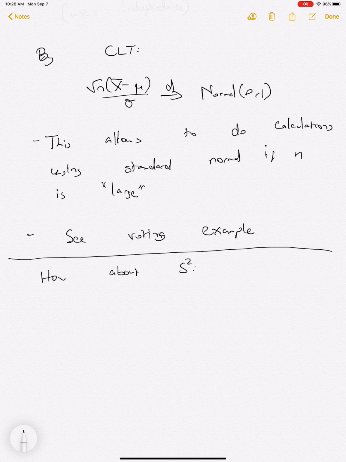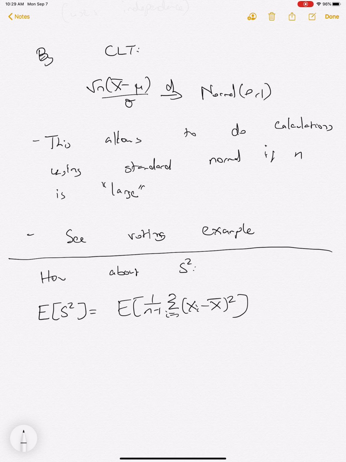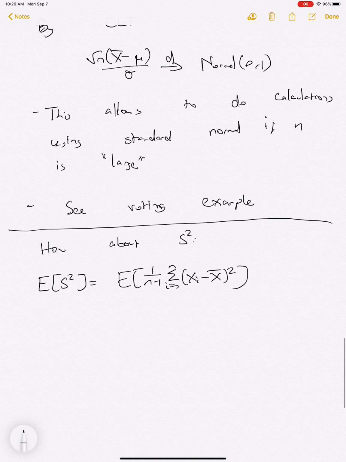So how about s squared? A natural question we can ask is, what's the expectation of s squared in this case, and does it look anything like the population variance?